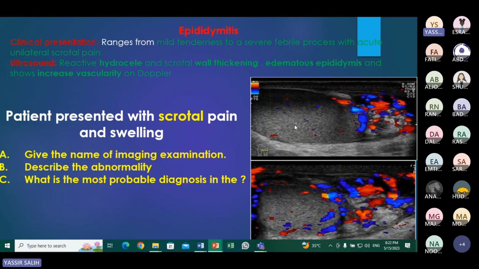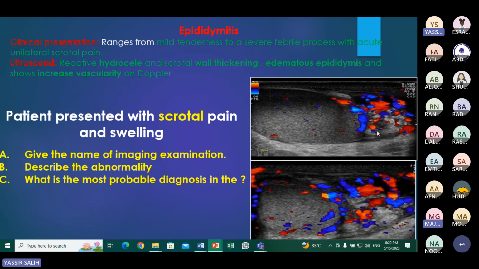Patient presents with scrotal pain and swelling. Yes, this is the testis. And what is this?